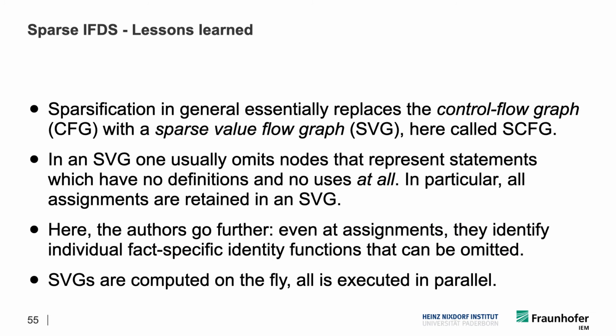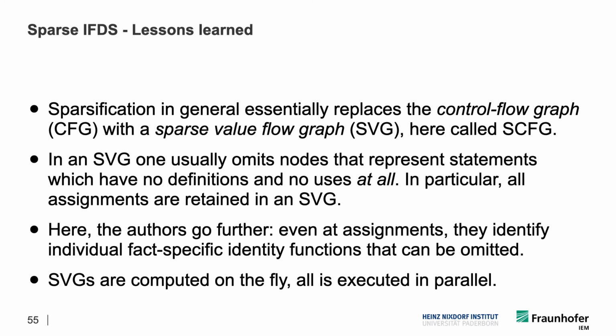So, some lessons learned from this. Sparsification in general: there are other papers that use sparsification. It's been a field of active research in the last 5 years or so, I would say. Sparsification in general essentially replaces the control flow graph with a so-called sparse value flow graph.